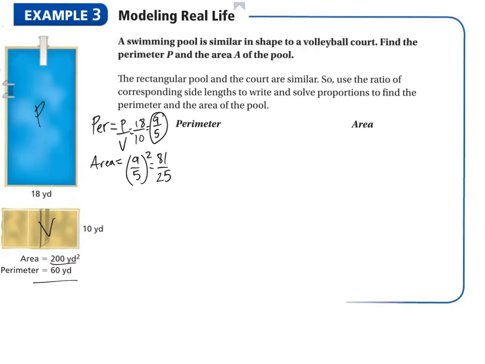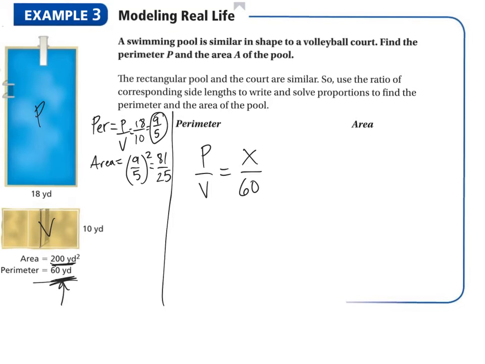Okay, so knowing that, we're going to again use the given perimeter of the volleyball court to determine the pool. So let's set this up, pool to volleyball. We're going to work on the perimeter first. Let's draw a line here just so we keep everything separate. The pool's perimeter is unknown, also known as x. The volleyball court's perimeter is 60.